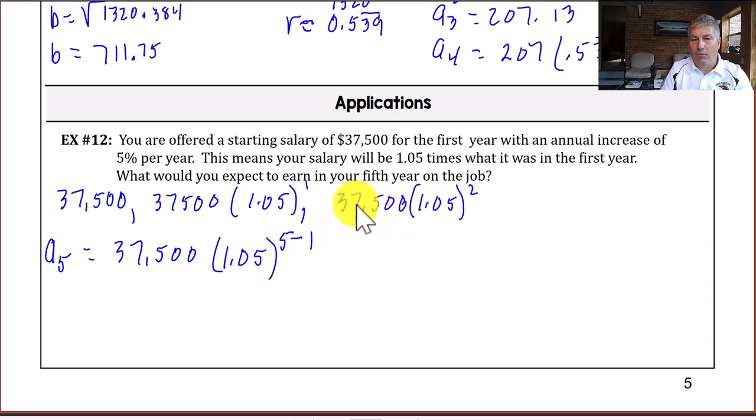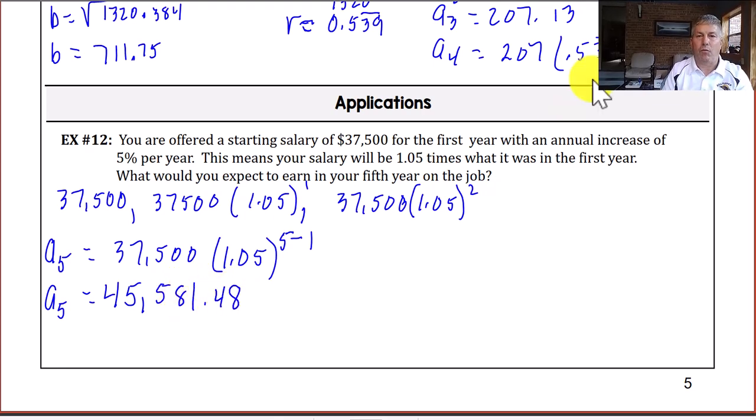Because the third year was raised to the second, the second year was raised to the first, so the fifth year is going to be raised to the fourth power. So a sub 5 equals 37.5 times 1.05 raised to the fourth, or putting it in your calculator, $45,581.48.